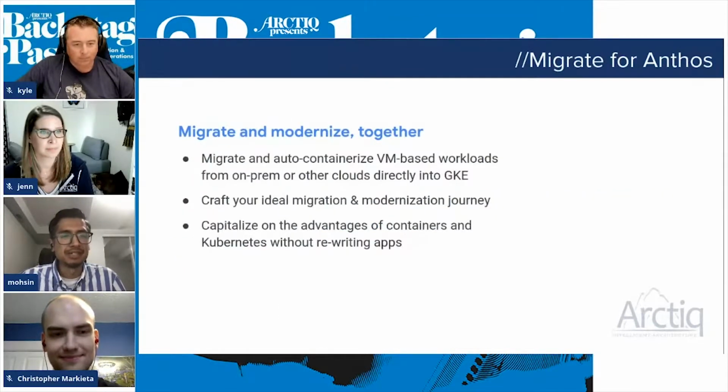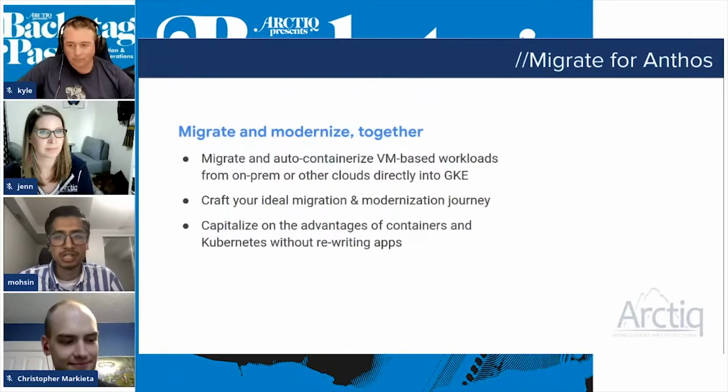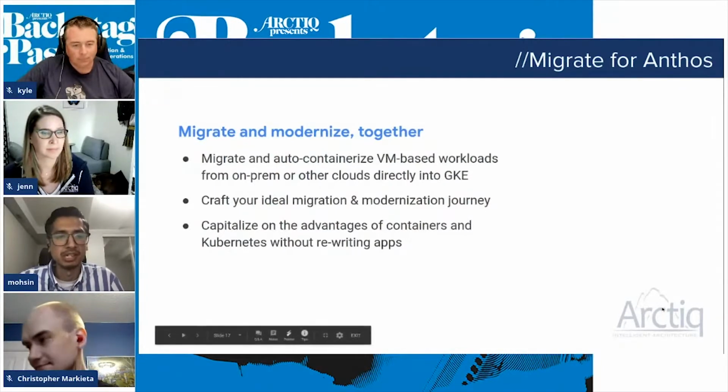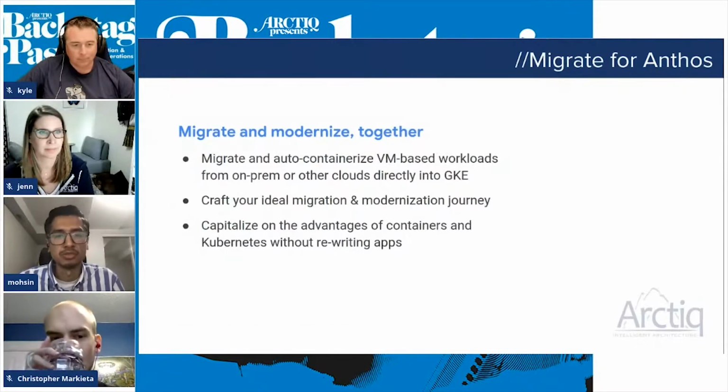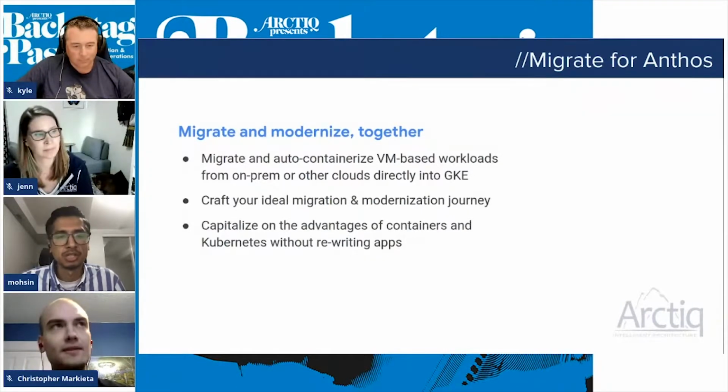Yeah. So Migrate for Anthos is a tool that helps you extract your legacy workloads from your virtual machines and automatically containerize them and run them on GKE. So Migrate for Anthos minimizes the manual effort required to move and convert existing applications into containers on Google Kubernetes Engine. So, most digital transformations will be a mix of strategies.